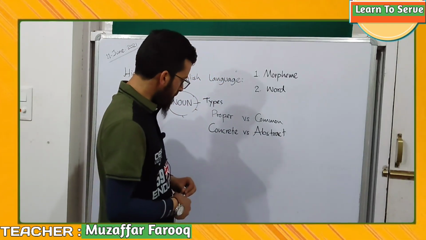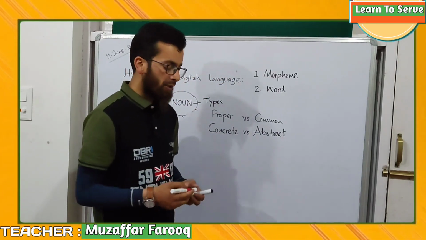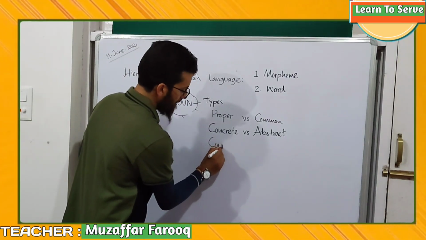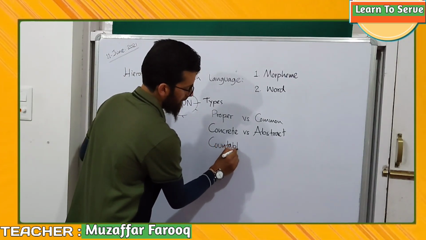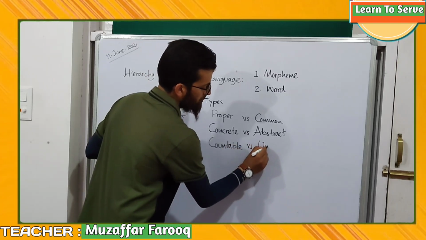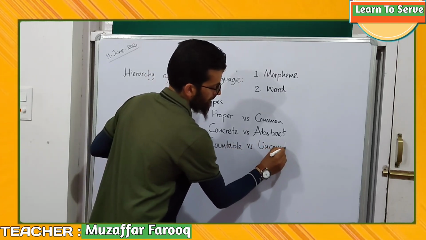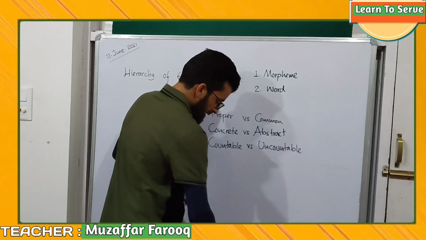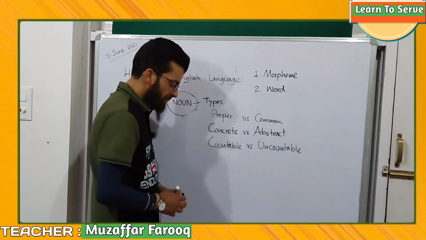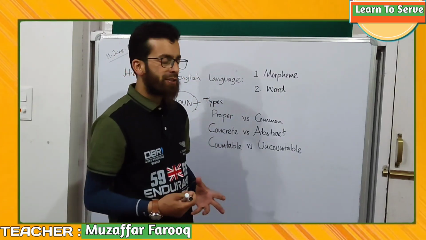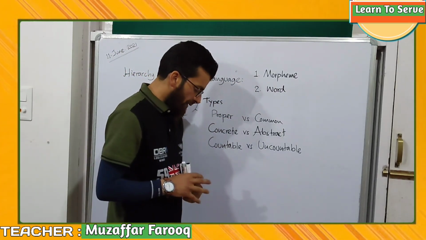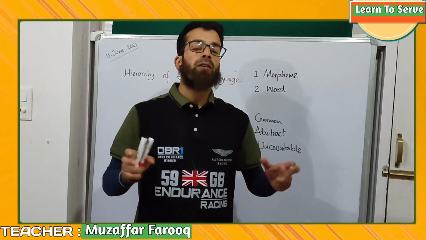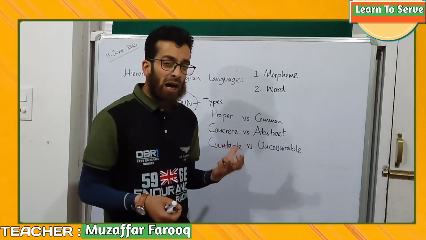So after that, we will move on to the next category, that is countable versus uncountable. As far as countable and uncountable words are concerned, you can have names of separate people or separate things or separate objects which you can count.